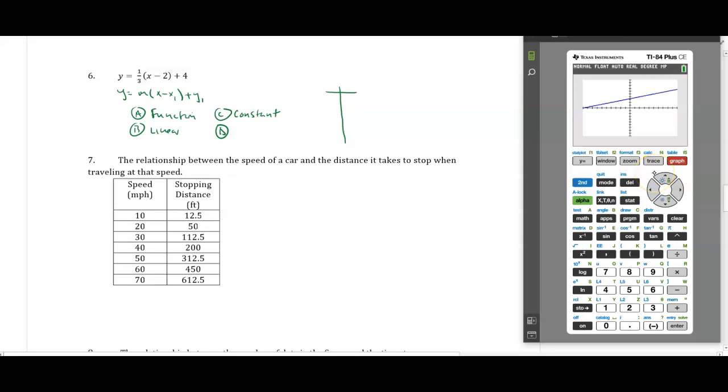And when I look at it, this would be my linear function, right? So I could graph that. But if I go to the table, I can get some nice points off it, right?